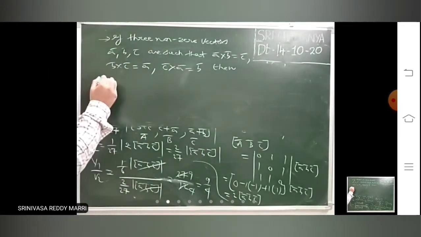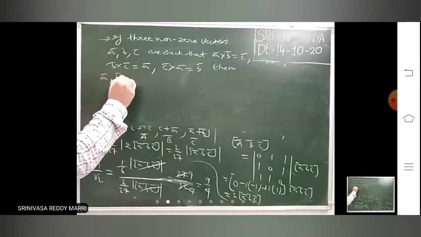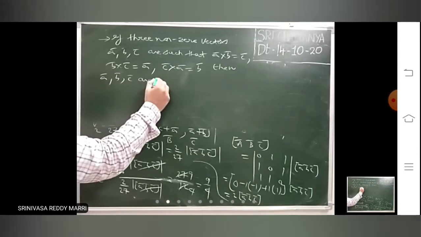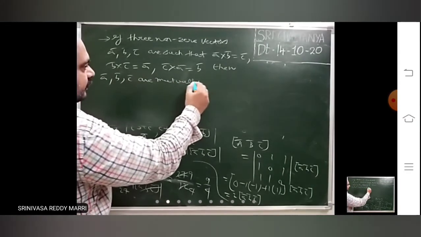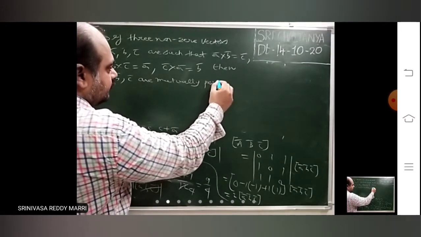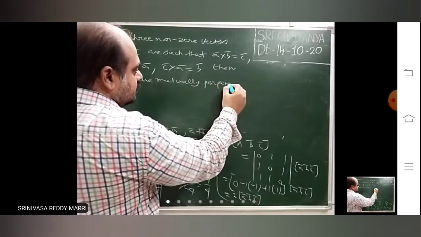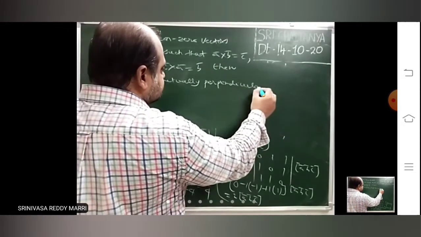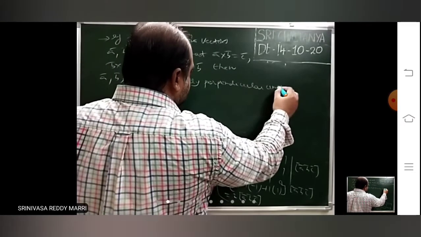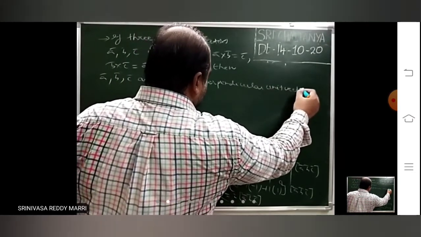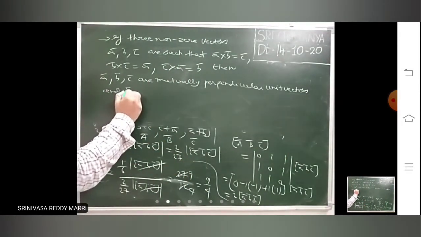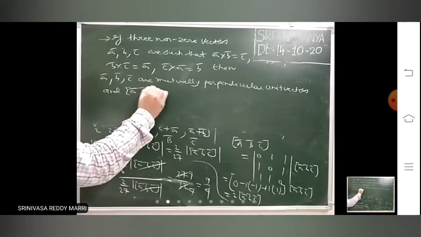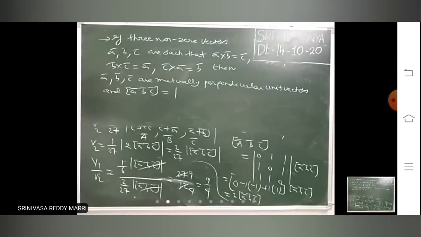Then A bar, B bar, C bar are mutually perpendicular unit vectors and box ABC is 1.